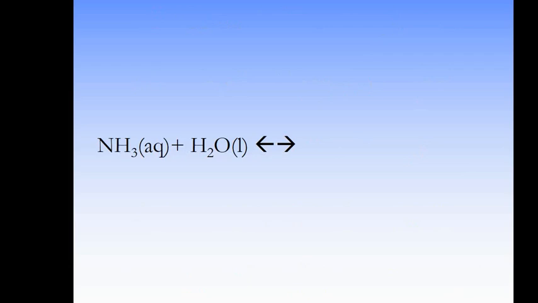Finally, we'll look at the case of ammonia, which is a weak base. In order to understand how it's a weak base, we're going to have to imagine it reacting with water. When ammonia reacts with water, a proton transfers from the water to the ammonia.